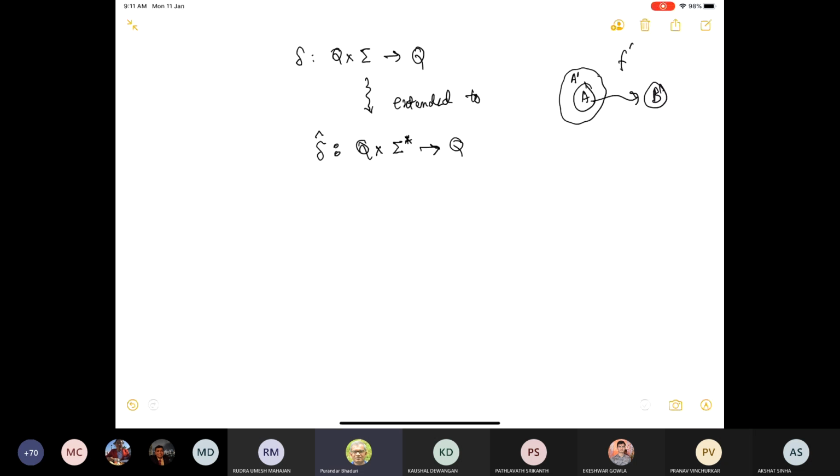It's an inductive definition, right? So we define delta hat by induction as follows, right?